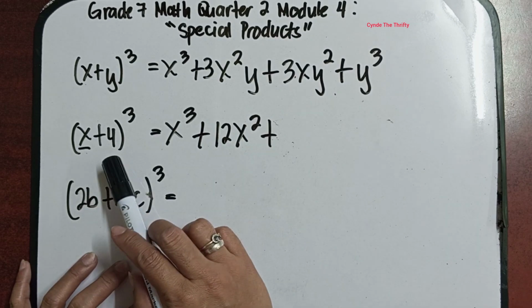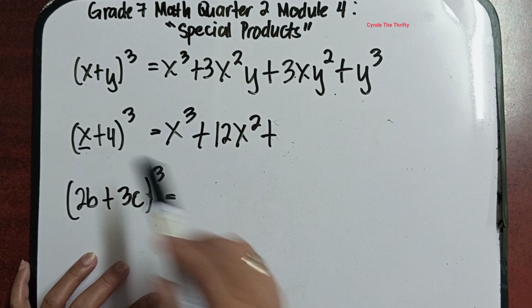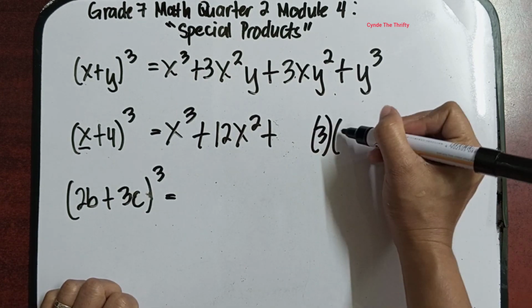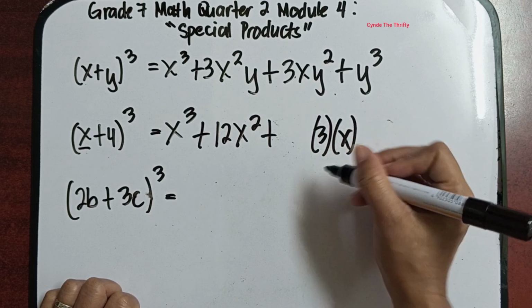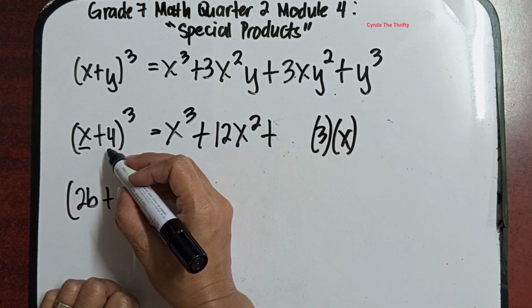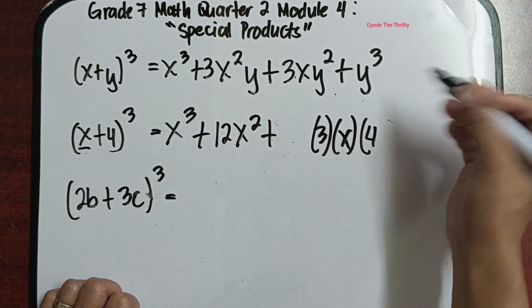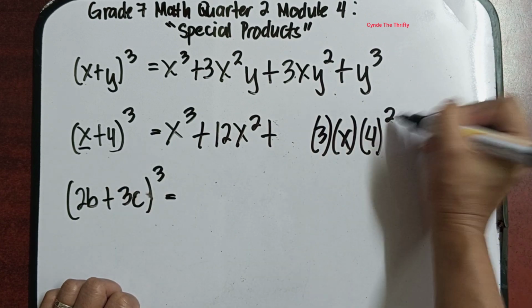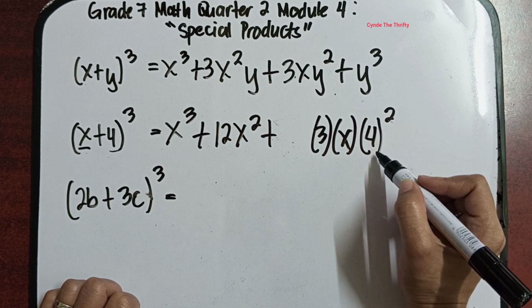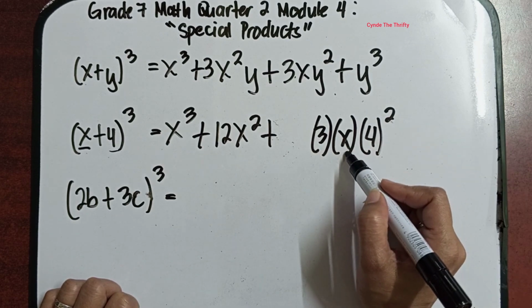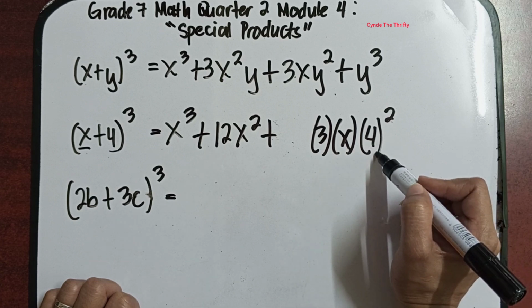Next tayo, so add 3 times the first term. Okay, so 3 times the first term natin is x times the square of the second term. So ang second term natin is 4. So i-multiply natin ang kanyang square kasi i-square natin ang kanyang second term. Okay, so 3 times the first term times the square of the second term.